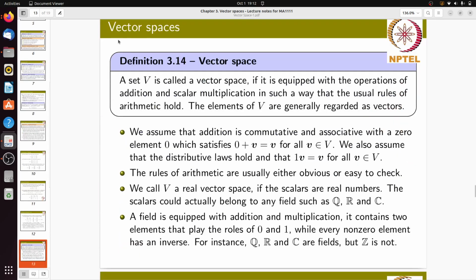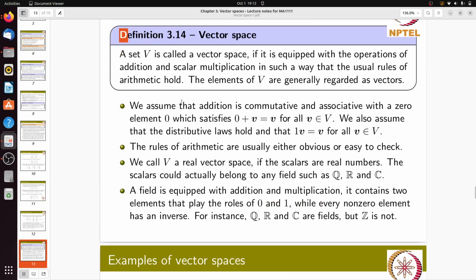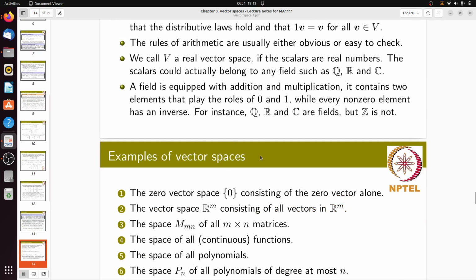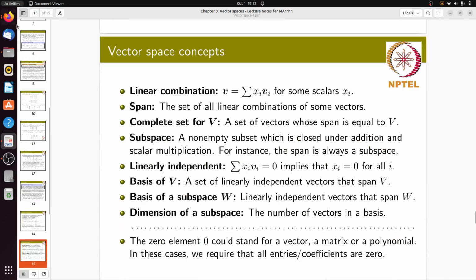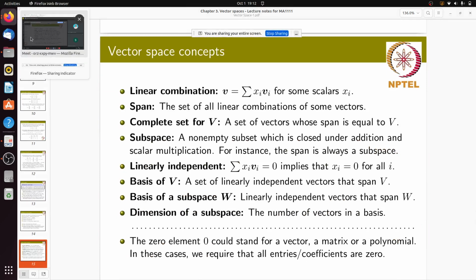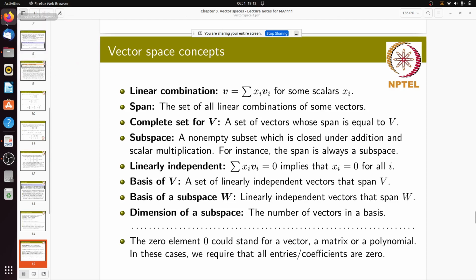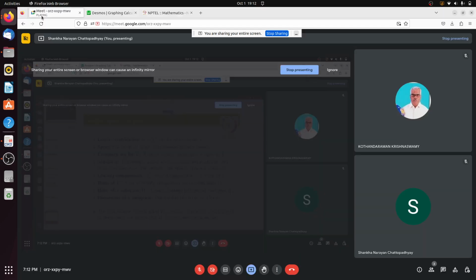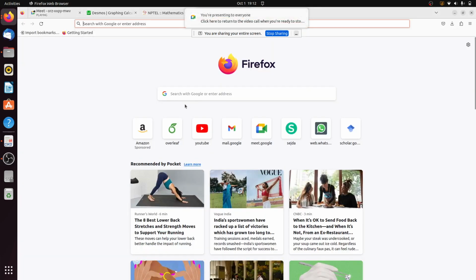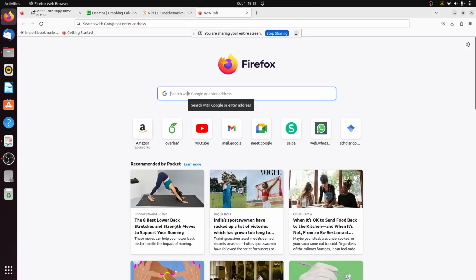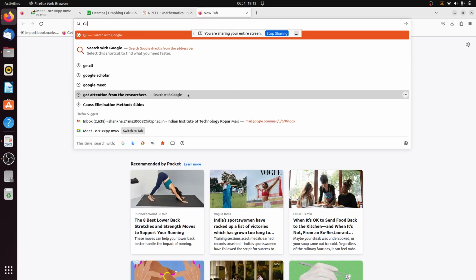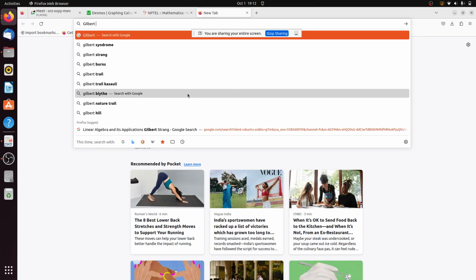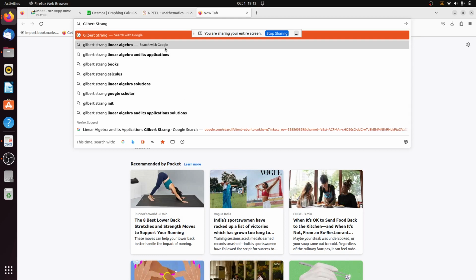So that is the definition of vector space. I strongly recommend that you go through the book by Gilbert Strang, and if you want to learn linear algebra from scratch, I suggest you watch this lecture. I am suggesting some books, and this book is actually very helpful: Linear Algebra and Its Applications by Gilbert Strang.